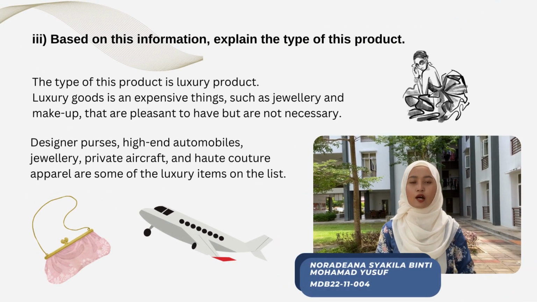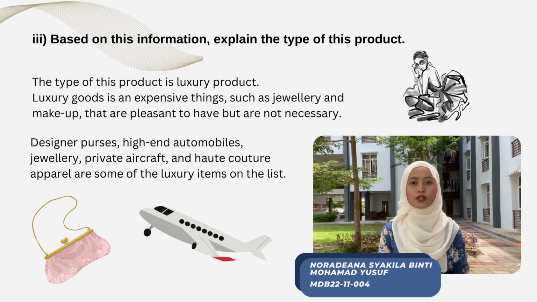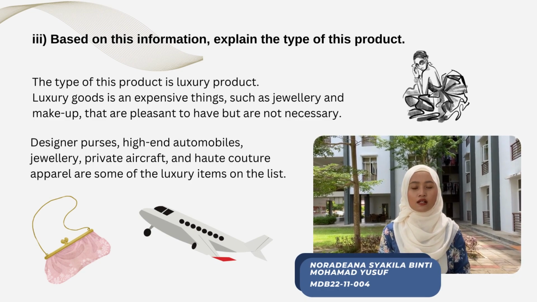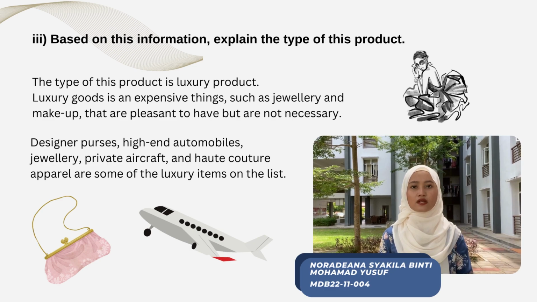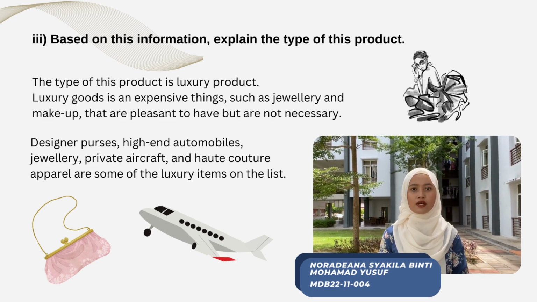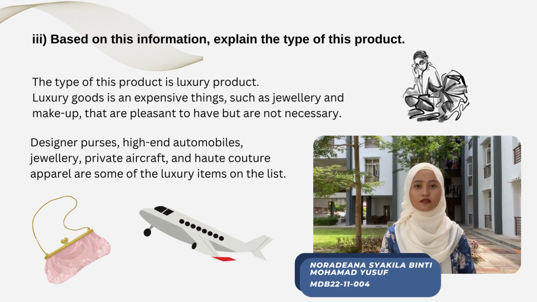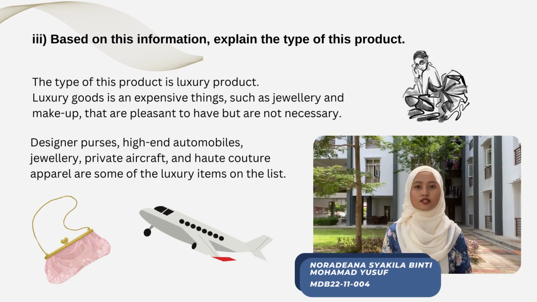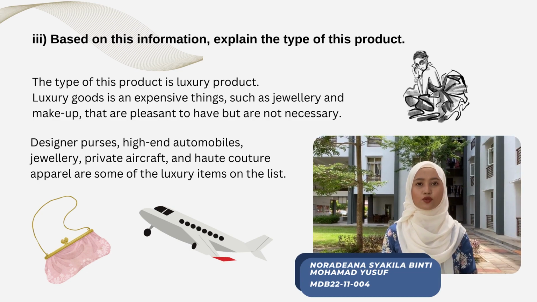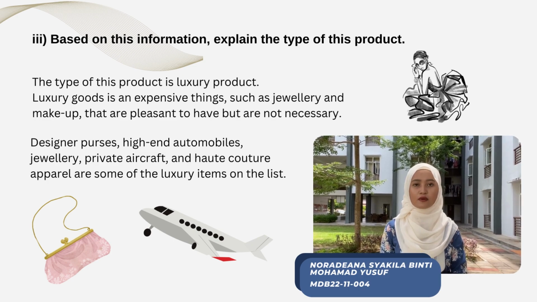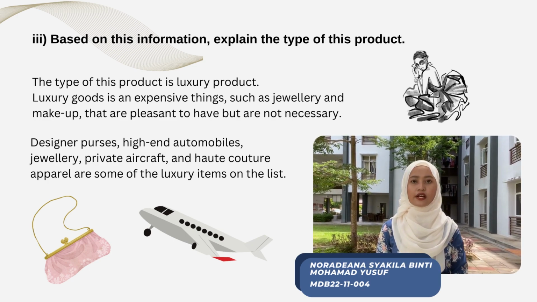Last but not least, I will explain about the type of this product, which is luxury product. Luxury goods are expensive things such as jewelry and makeup that are pleasant to have but are not necessary. In economics, a luxury good is one for which demand grows more than proportionally as income rises. The desire for luxury items is known to be highly income elastic.